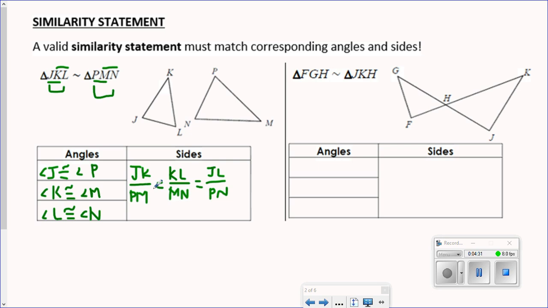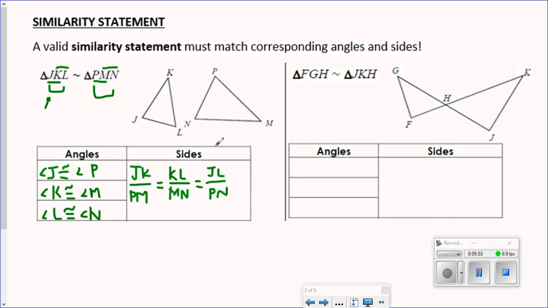My top lines always came from the triangle on the left. I didn't switch. And all the bottom sides came from the triangle on the right. So you have to make sure you keep the same order. If you start with something at the top, then that triangle's information needs to continuously be at the top. If you flip-flop, you're going to get the wrong ratio set up.